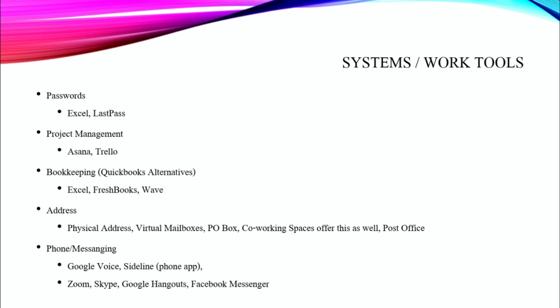And whenever people call that number, it'll ring through the app on your phone. And if you want to call other people, you would open that app up and make the phone call through there. Okay. This is another investment. You can use Google Voice for free. Sideline is something that you can consider if you choose to invest in that now or if you want to do that later.